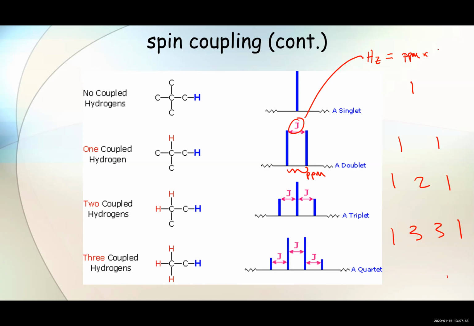In ours, it's going to be 60 megahertz. Oh, sorry, that's a 0. 60 megahertz. And then you divide it by 10 to the 6th, basically. Or actually, will that work? No, that'll work like that. It'll come out in hertz. That's fine. So you'll get the frequency difference between these two, and that's what we call the coupling constant, J.